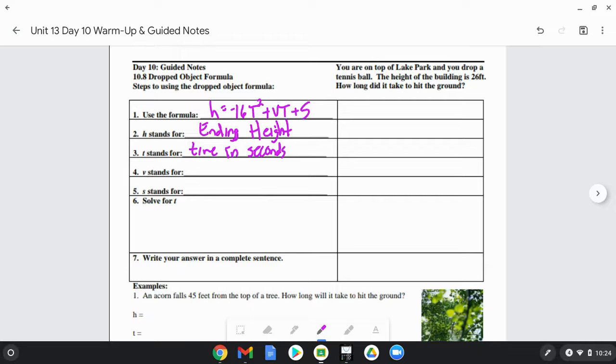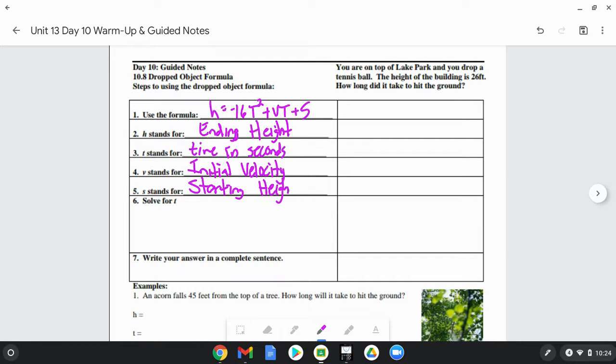That's the variable that would normally be like our x variable. V stands for my initial velocity, and today we don't even have to worry about initial velocity because we're dropping things. If we threw things, then we'd have an initial velocity, and that will be tomorrow. And then s stands for my starting height, how high all these dropped things are going to start from.